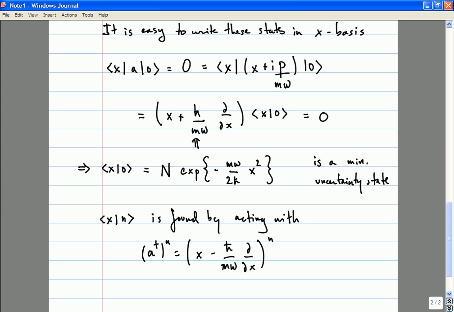If you take the Gaussian and act with this differential operator on it n times, you will obtain the wave function for the harmonic oscillator in its nth state. And this gives you an exponential times some polynomial in x, which is known as a Hermite polynomial.